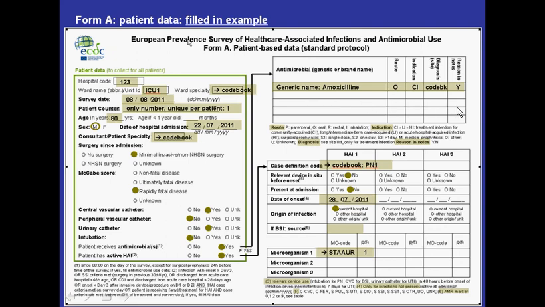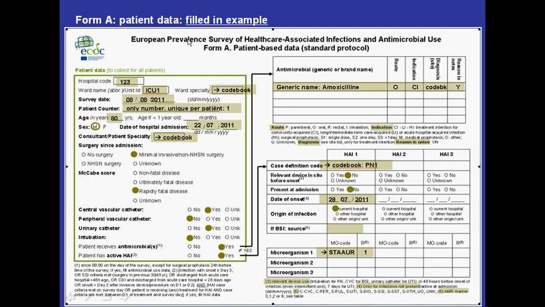It might be interesting to note here that the indication can be described as curative, prophylaxis, or other. In the case of surgical prophylaxis, the definition of is the patient on antimicrobials differs a little bit, and we will draw your attention to this during the presentation on the 8th of September.